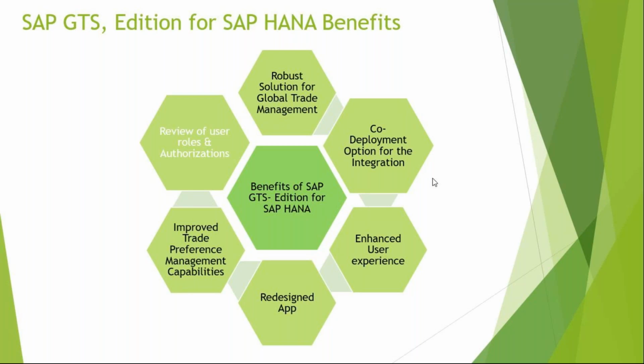SAP GTS edition for HANA is also helping in determining preferential origin on the batch level. The batch level was not present in the previous version, but is available only in this version. There are other benefits also when it comes to trade preference management.